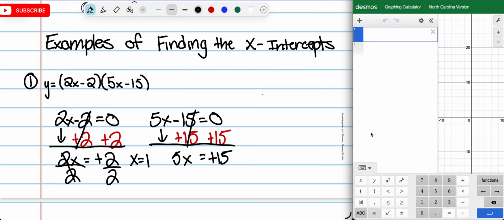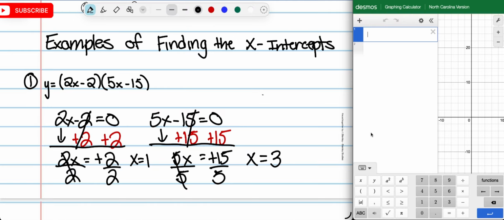The only thing left on that side with my x is the 5, and it's attached, so that's division. That means I can divide everything by 5. The 5's cancel each other out, making it 1, so the x is by itself. Now 15 divided by 5 gives us 3.